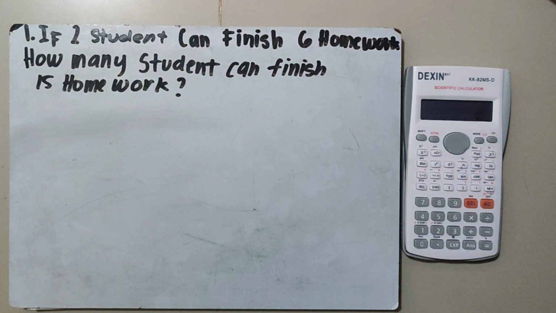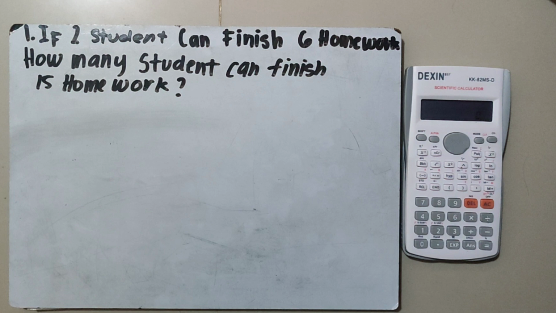If 2 students can finish 6 homework, how many students can finish 15 homework? So, sabi dito, ilang student daw ang makakatapos ng 15 homeworks? Let's solve it step by step, but first, let's identify the given.